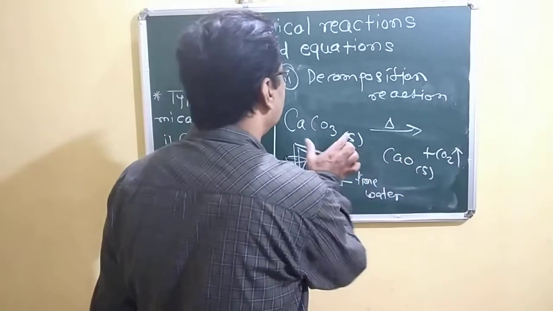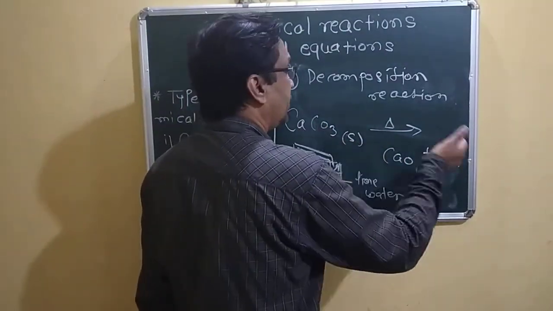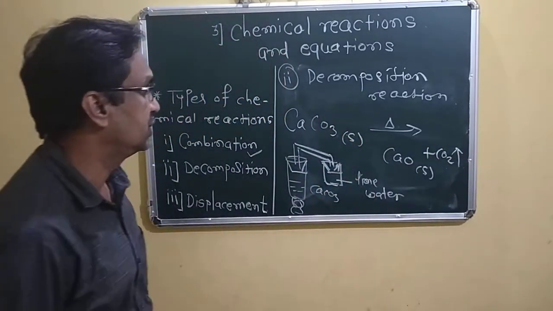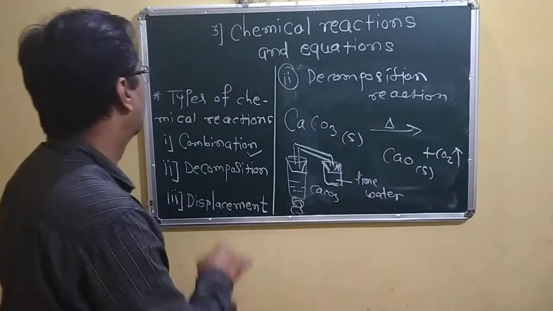So there are two products: calcium carbonate decomposes into calcium oxide and CO2, and this type of reaction is called a decomposition reaction.